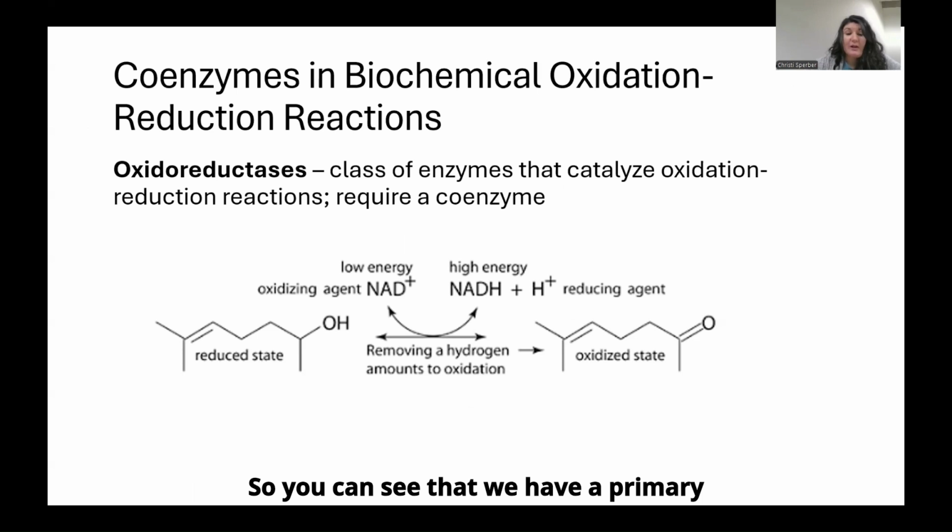So you can see that we have a primary alcohol over here, and the coenzyme used in this reaction is NAD plus, and it goes to NADH plus H plus to do the reaction to get to a ketone, or we have a secondary alcohol to a ketone. And you can go the opposite way, and we have NADH plus H plus goes to NAD plus, and it gets turned that way.